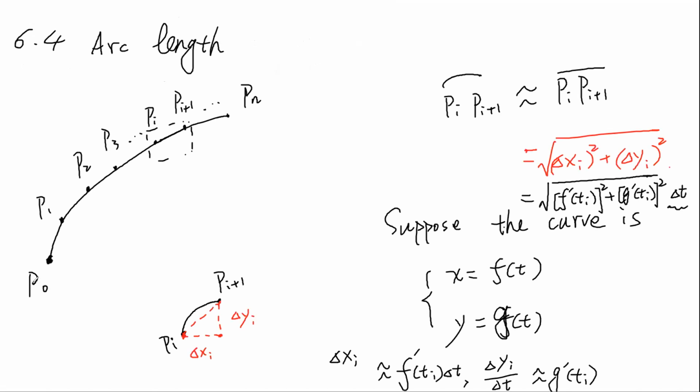Because this arc starts from P_0, the first piece will be P_0 to P_1, and the last piece will be P_{n-1} to P_n.